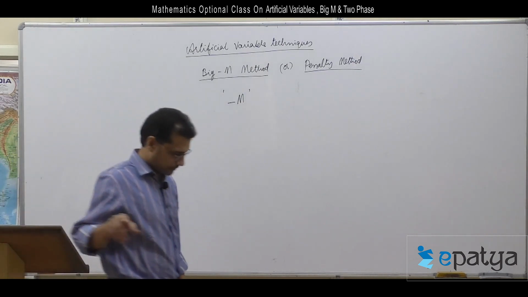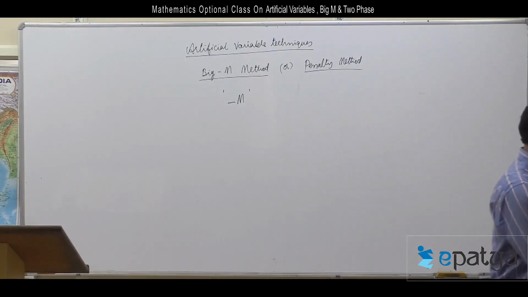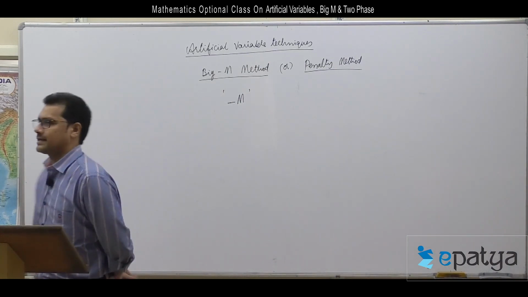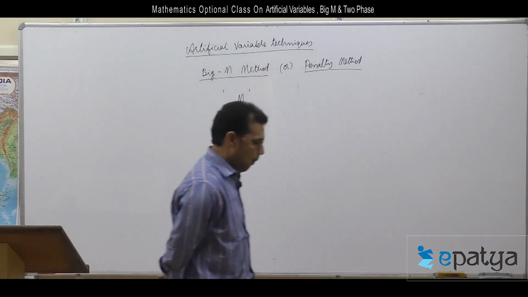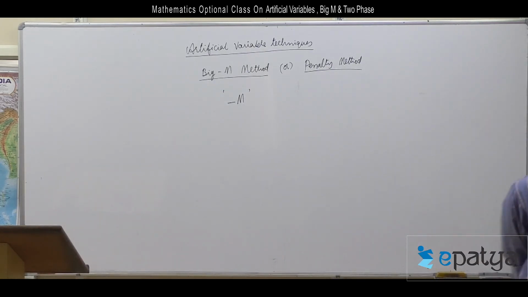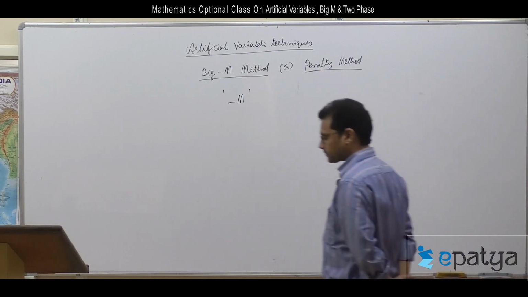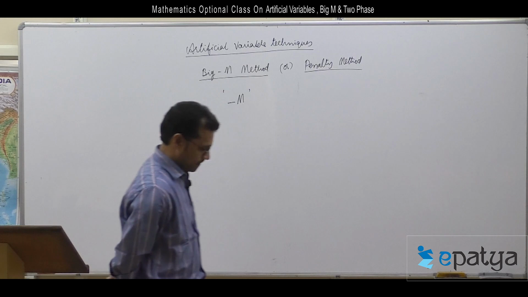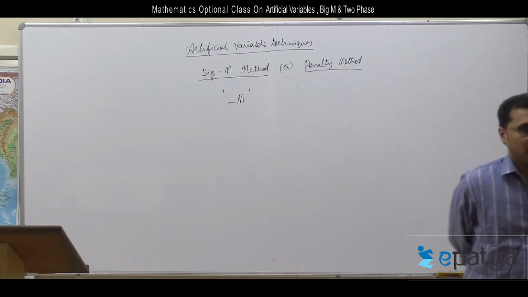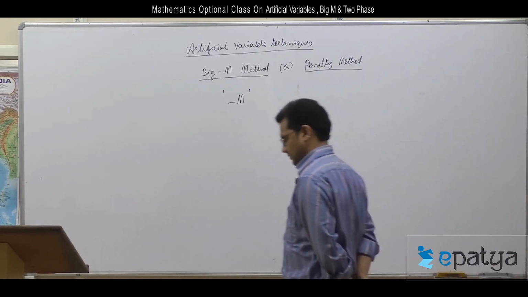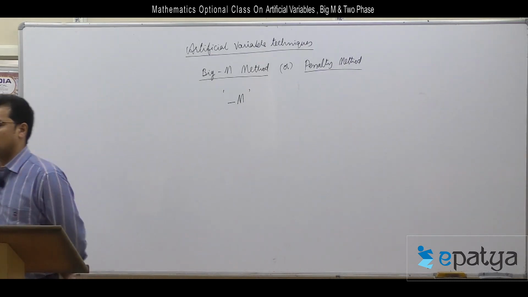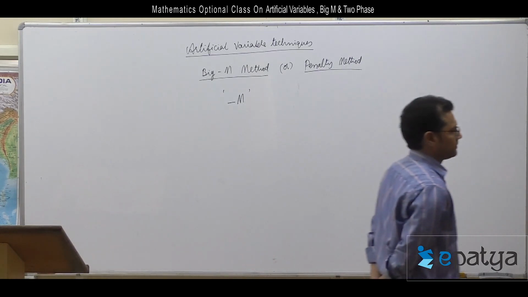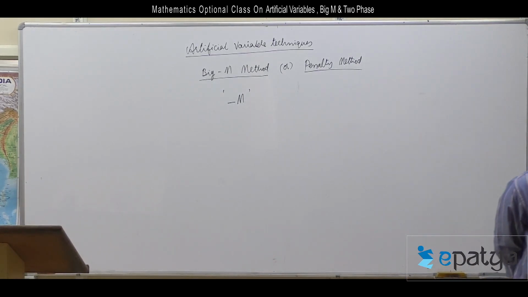Next point. If an artificial variable exists in the basis when optimality is reached, then... When do you know optimality is reached?